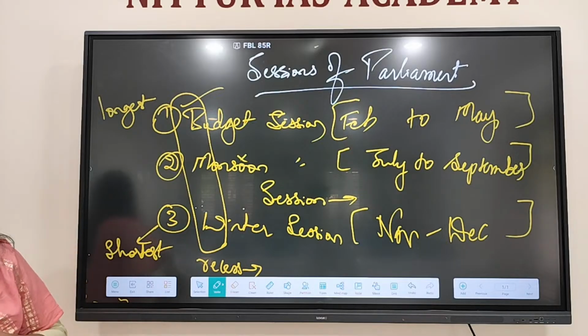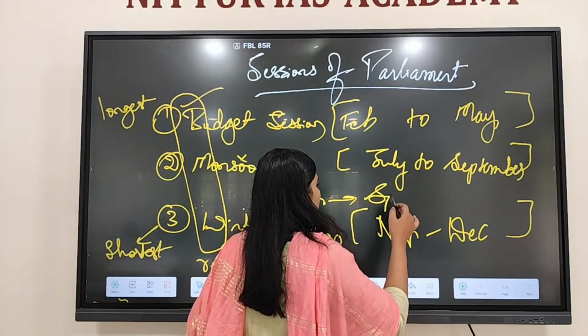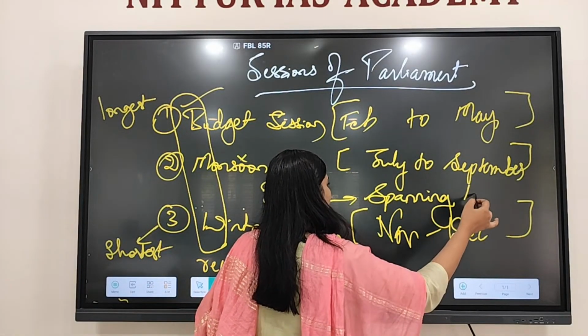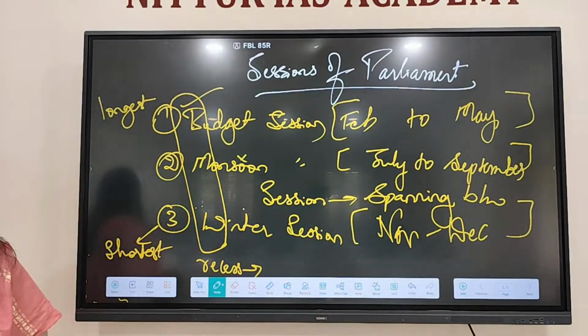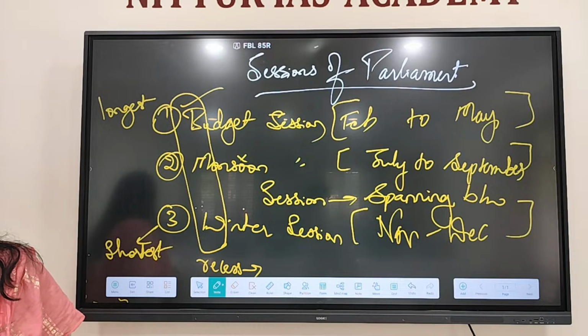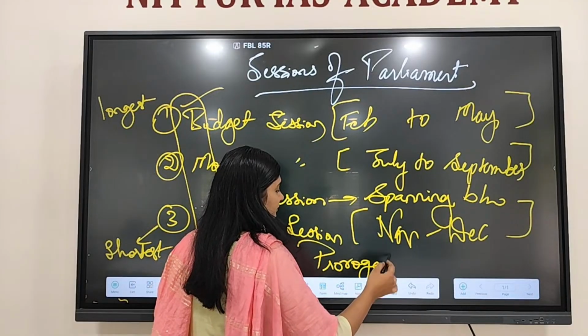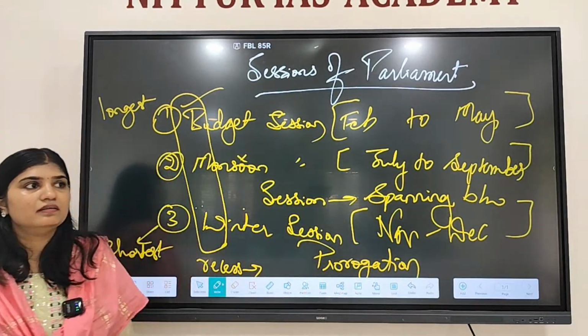Just write down. Let me dictate. A session of parliament is the period spanning between the first sitting of a house and its prorogation. Prorogation means end.